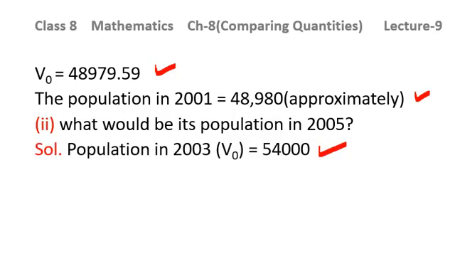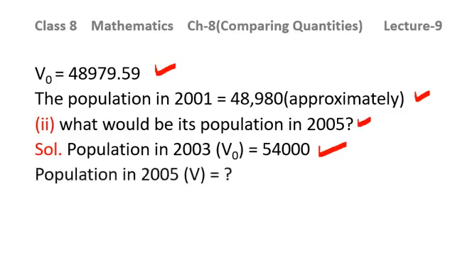In the first part, this value is taken as V. But here in this second part, this value is taken as V naught, because we need to find the population in 2005. That is the future value we need to find out. And population in 2005 will be V, that is unknown to us. N is 2 years and R will be 5%.